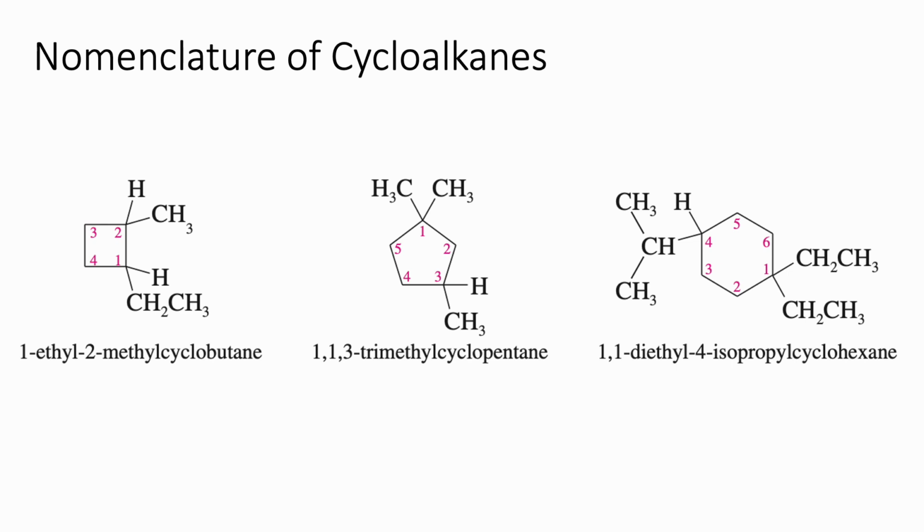So we would have 2 1s and 1 4 in this example because of the position of the branches. So we would call this one 1,1-dimethyl, because of those 2 methyl groups on carbon 1, 4-(1-methylethyl)cyclohexane.